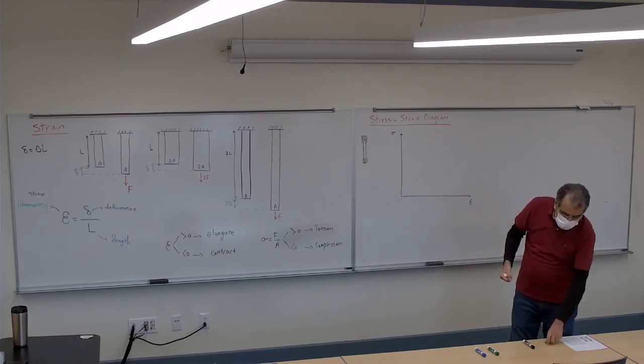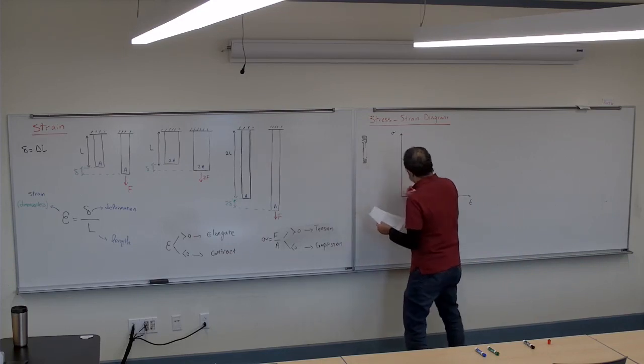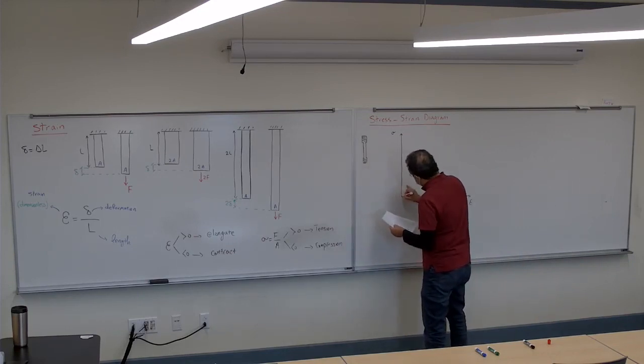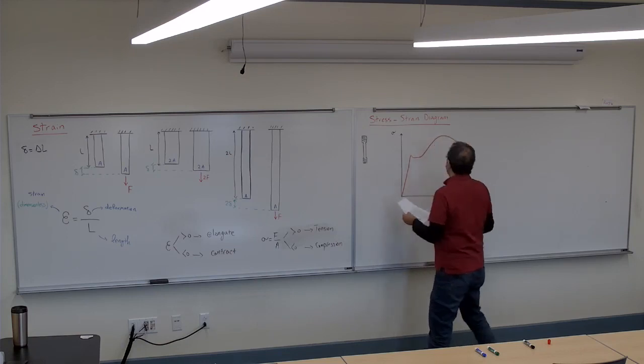If I draw it for steel, this is usually what I get. It goes relatively sharp up, then drops, becomes relatively horizontal, goes up, and breaks.